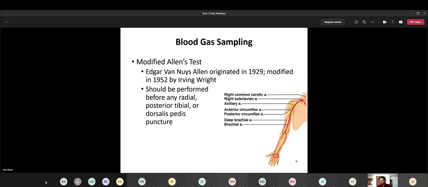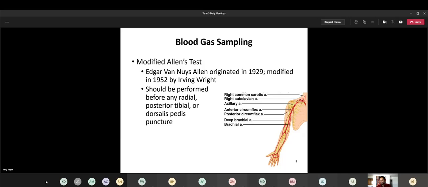So if you cause a problem right here, then there's still a backup. As you see, there's a branch here where the blood can still make its way down into the lower arm and the hand. And the same would go for here. You've got another branch as well.